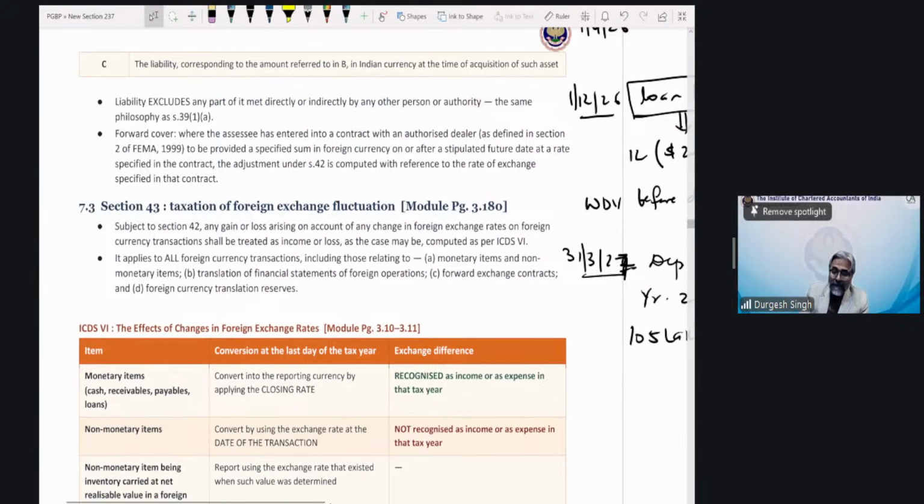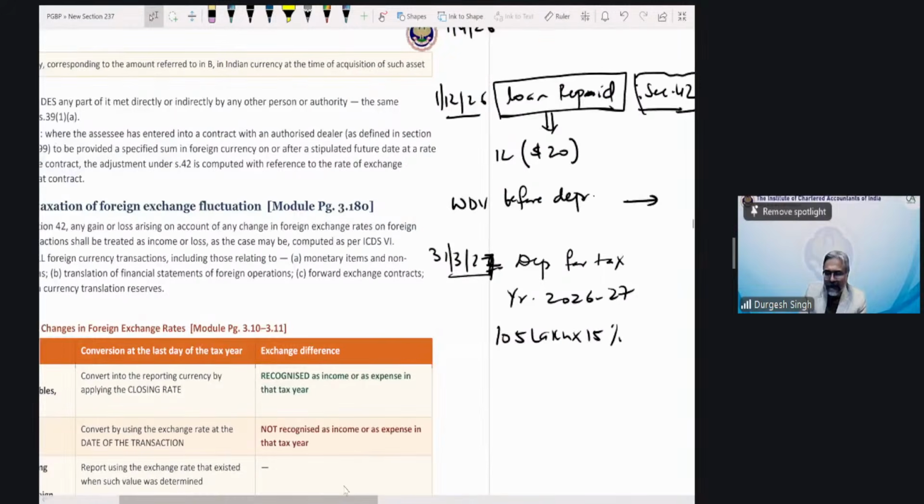Now, students, supposing in the same question, he would have paid only 50%. Now the provision is there in front of you.